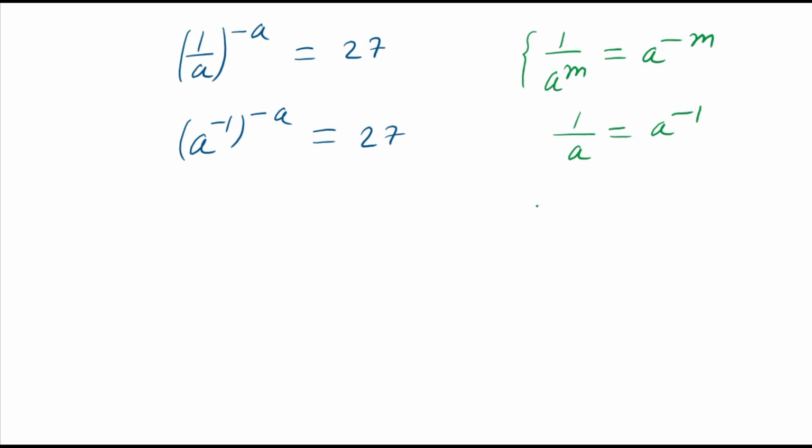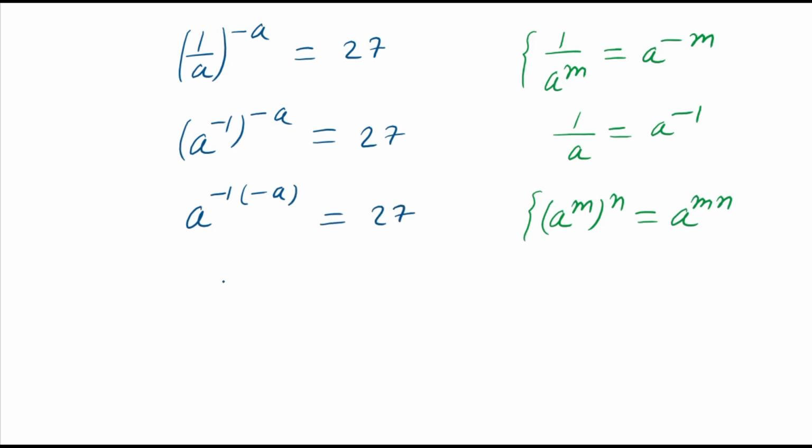Now applying the rule (a^m)^n = a^(m·n), this expression becomes a^((-1)·(-a)) = 27. So here a^a = 27.